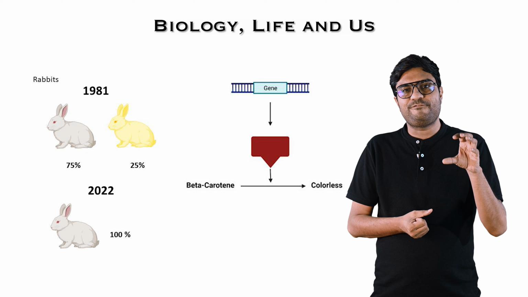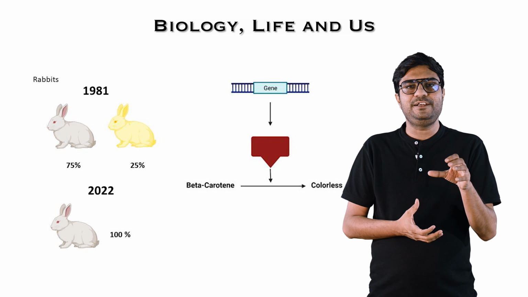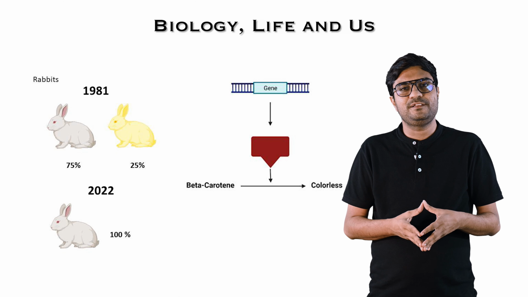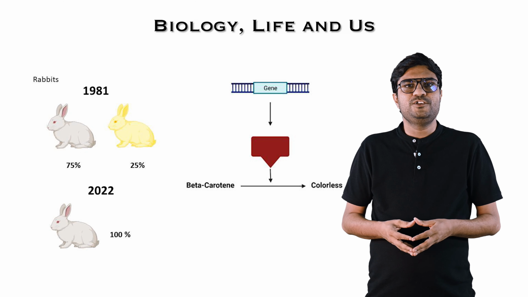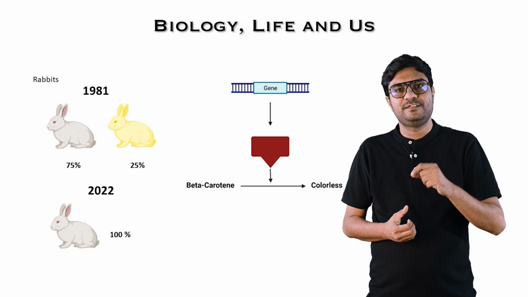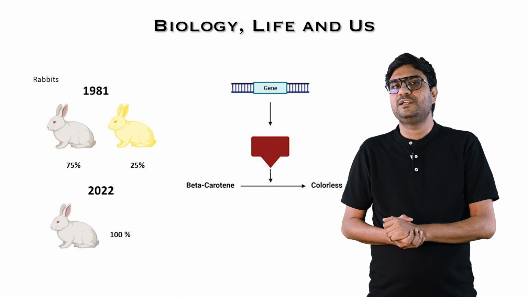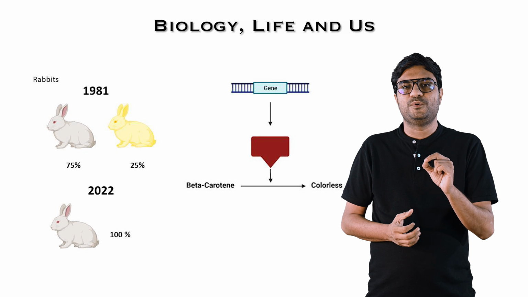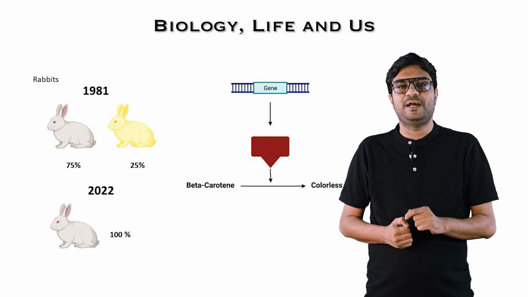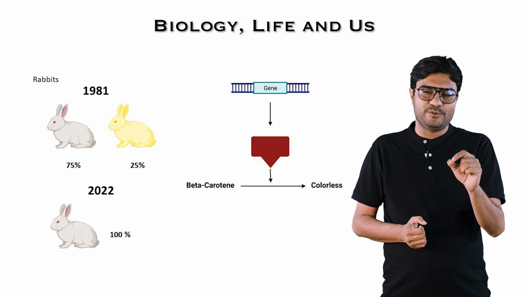So, the 75% rabbits in 1981 were having this gene functional. So, when they were eating carrot, the beta carotene from the carrot was converted into a colorless product by the product of that particular gene, or by the enzyme which was coded by that particular gene.